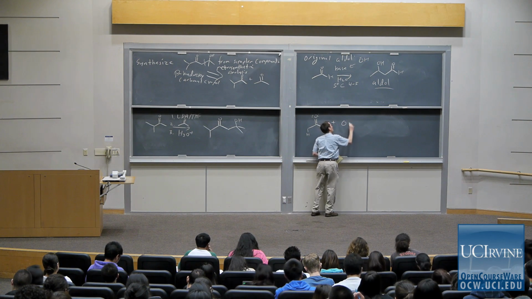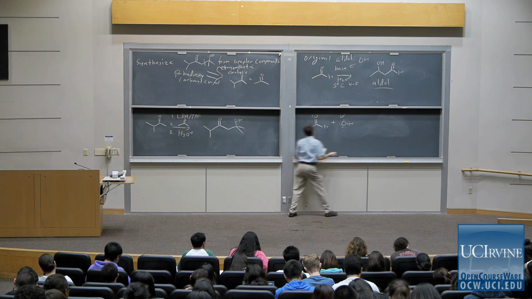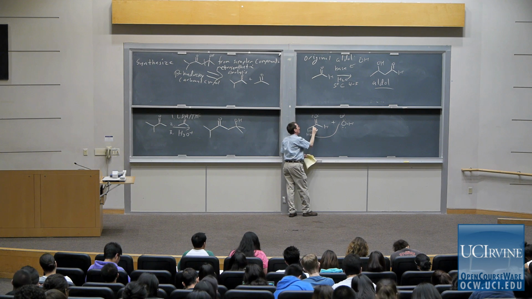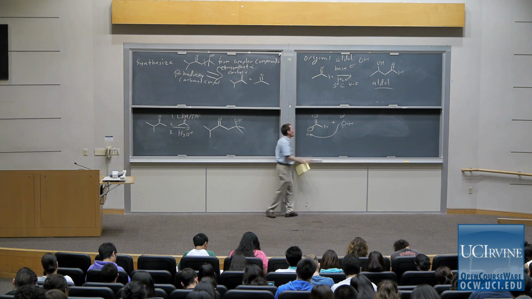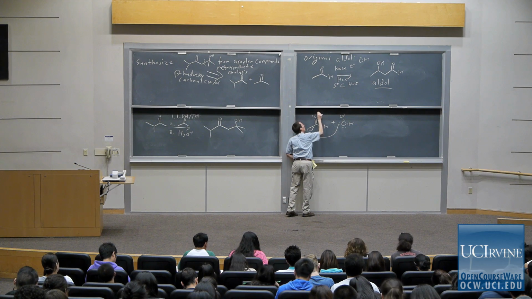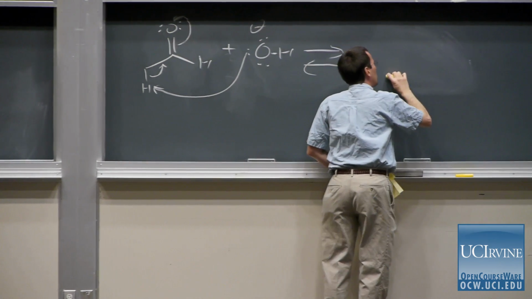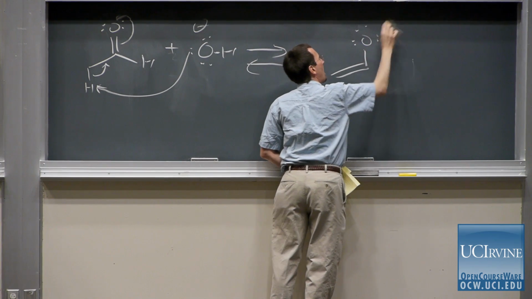So, first step, hydroxide anion pulls the alpha proton, one of the 3 alpha protons, off, just as we've seen before, to generate an enolate anion. All of these steps are equilibria, and so I'll write an equilibrium arrow.